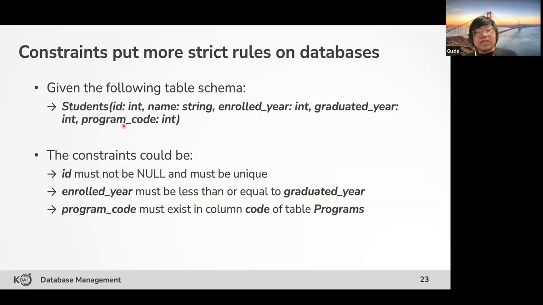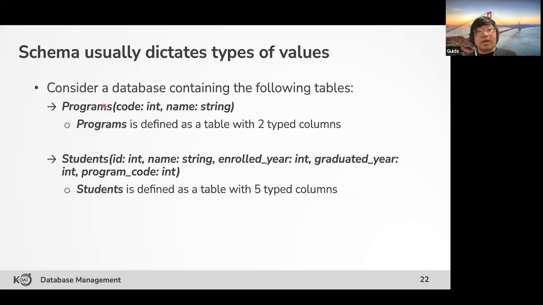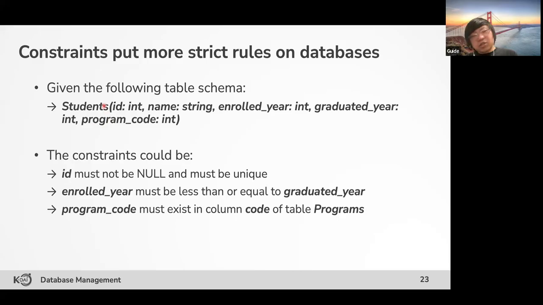So in students, you also have a reference to the table called programs. It would be nice to say that this program code must exist as a value in the column code of the table programs.